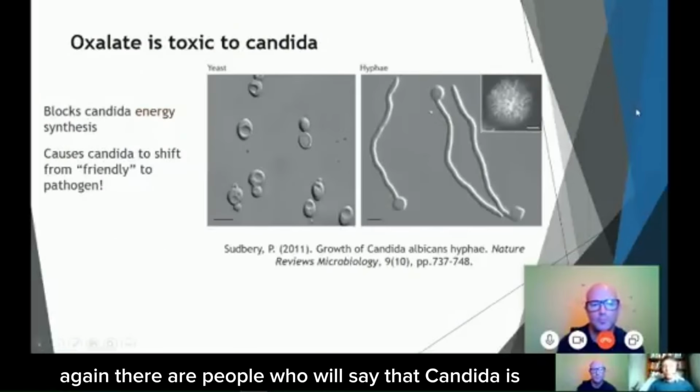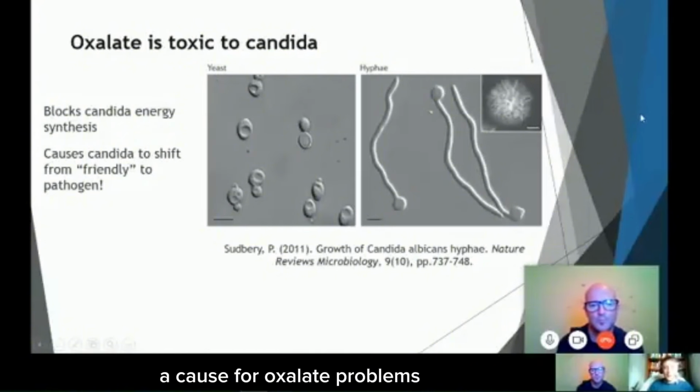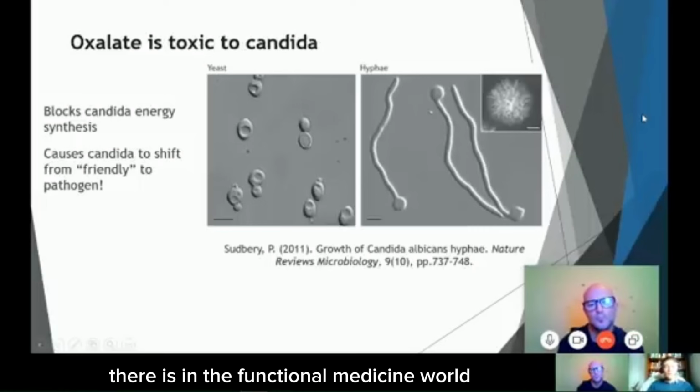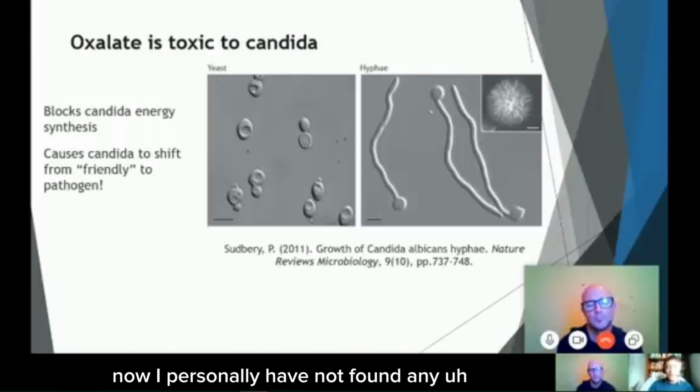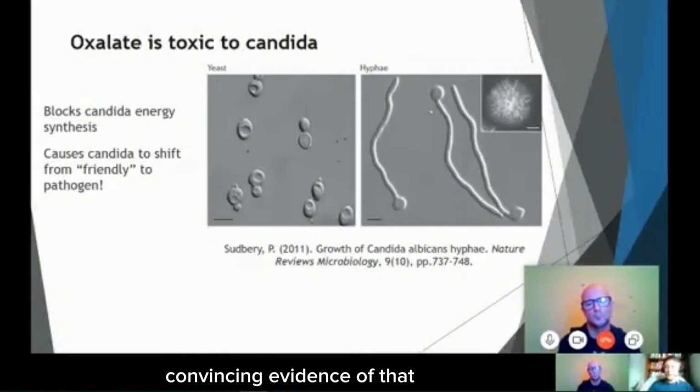Again, there are people who will say that candida is a cause for oxalate problems. In the functional medicine world, there is the notion that candida can produce its own oxalate. Now, I personally have not found any convincing evidence of that. I think it's a hypothesis.